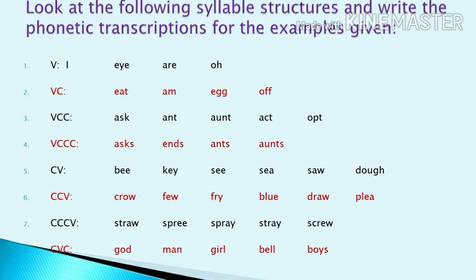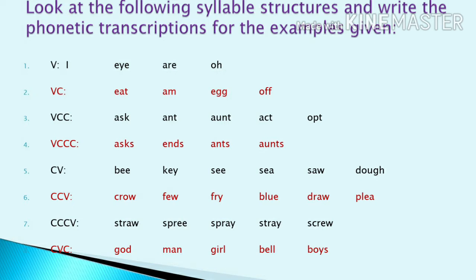I, A, O. I, A, O. VC structure: eat, am, egg, O. VCC structure: ask, ant, aunt, act, opt.